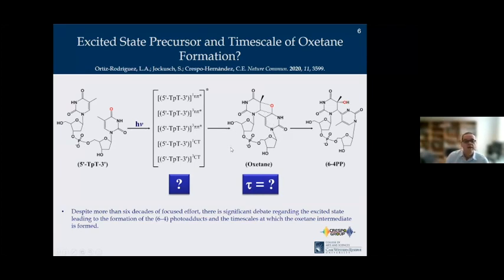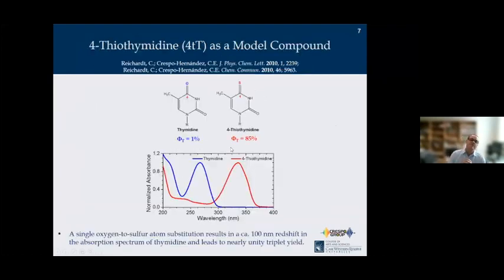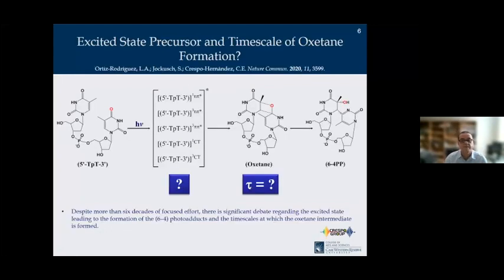So we have been thinking about how we can tackle this problem from the experimental point of view. I should say, let me just go one more step back here. The problem of detecting these species using time resolved spectroscopy is not all to blame on the theory, it's also experimental difficulties, for two reasons.